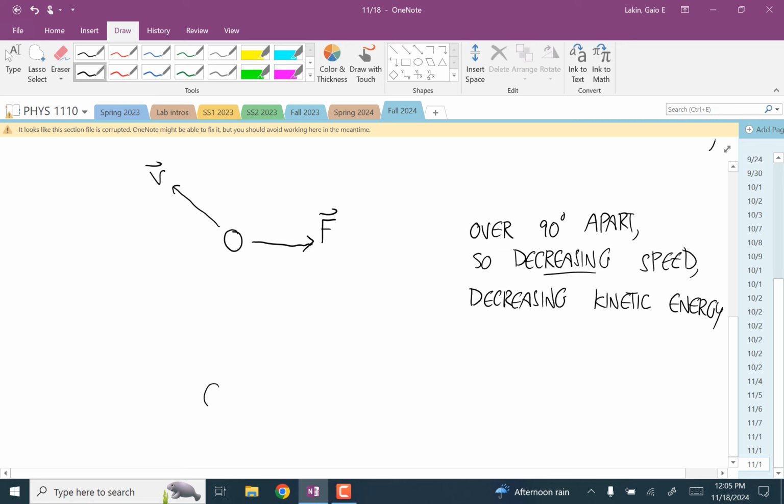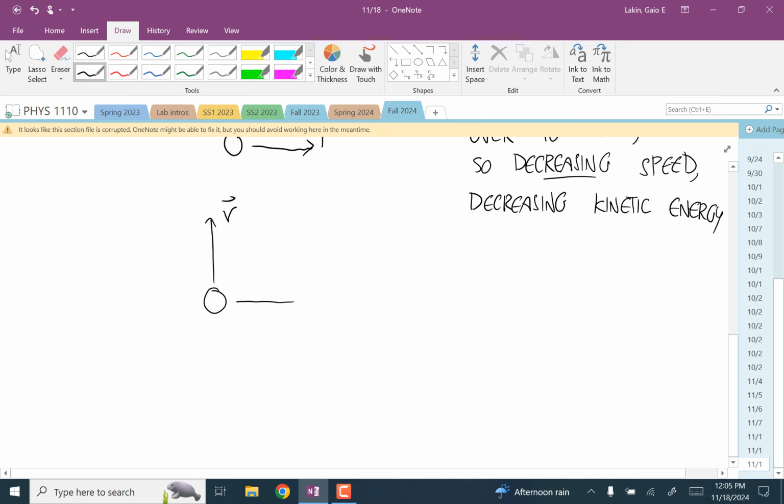Okay, now what if you have an object moving this direction and you're applying a force this direction? So those are 90 degrees from each other. Is that going to increase or decrease the speed, or neither? Neither. This is going to cause no speed change.